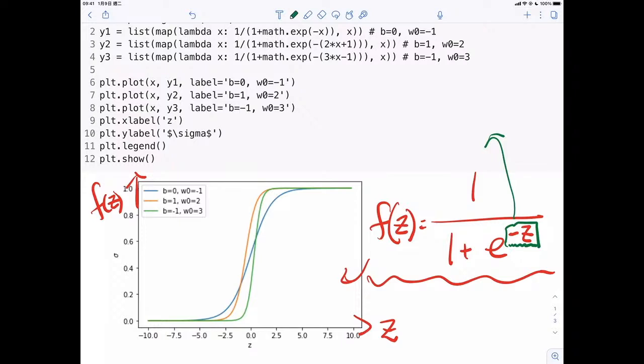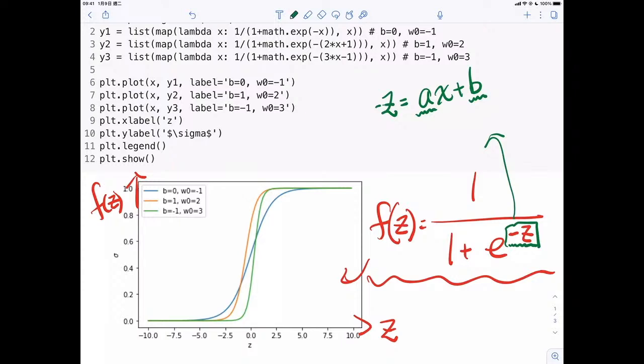Usually we write this z in another form. We think about linear regression, so it's like ax plus b. We create two additional variables in logistic regression, which looks like linear regression, which are a and b.